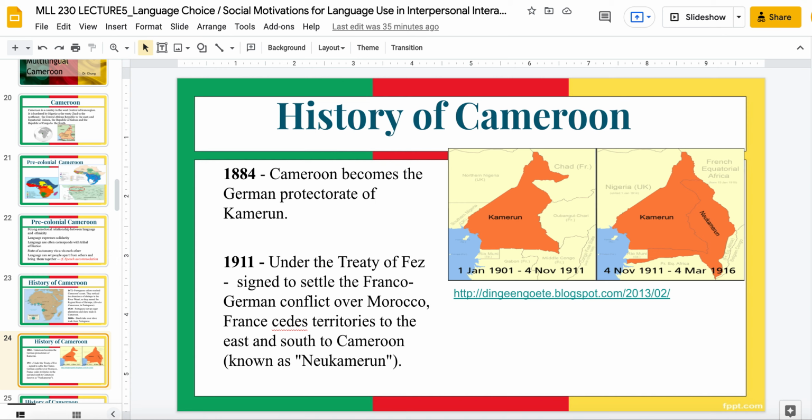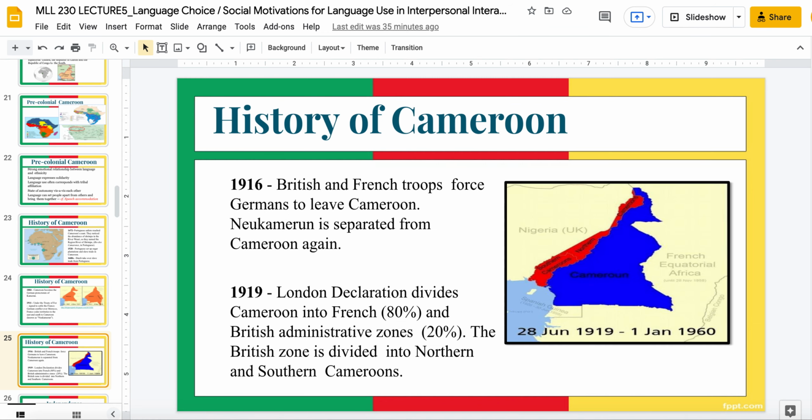There was a Franco-German conflict over Morocco, and basically France ceded some of its territories in order to gain Morocco. So Cameroon has been passed through many hands.